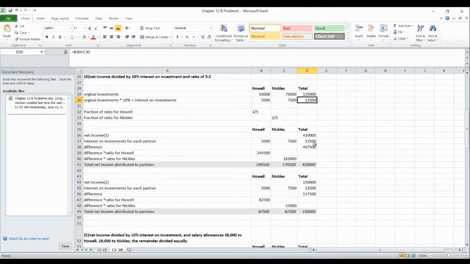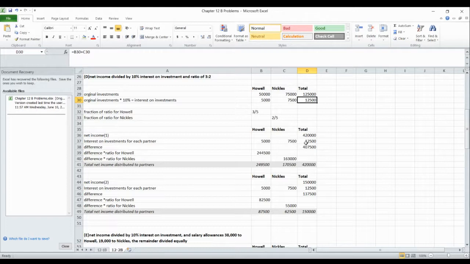This is one of the allowances that they told us we were looking for, 10% interest on the investments. It's the same thing as what we calculated up on line 30. I just copied it and pasted it in here so you could see it again. 5,000 is the interest for Hal and 7,500 is the interest for Nichols. The total interest on the investments was 12,500.